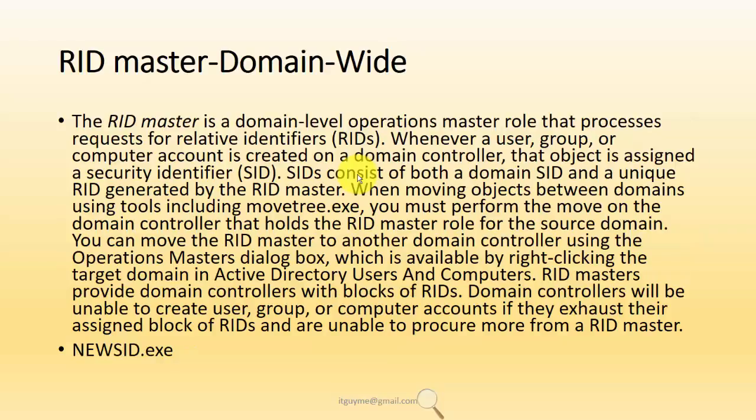And then there is the RID master. When you're creating new objects, you're getting SIDs, right? A security identifier for any object. If any newly created object does not get a SID, you cannot use that object; it is not functional. So the RID master just provides a pool of SIDs to the domain. Whenever you're creating a new object, there is always a new SID required for every new object.